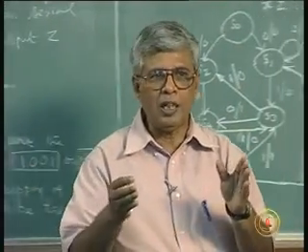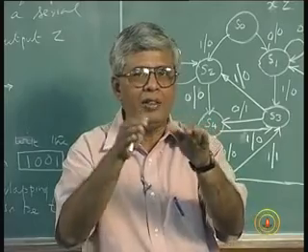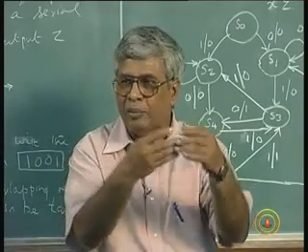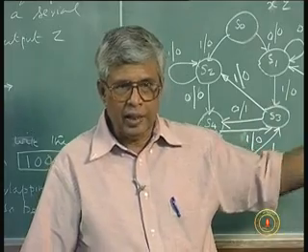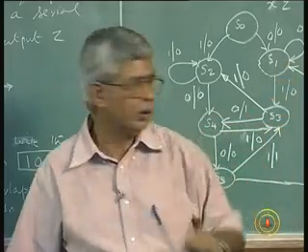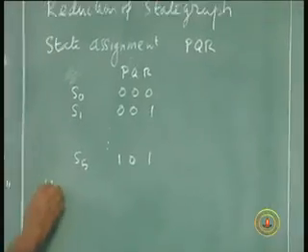So there is a possibility of optimally assigning the binary values to the states rather than randomly or arbitrarily assigning as we did in this case. Can I make a more efficient assignment? A hardware efficient assignment.